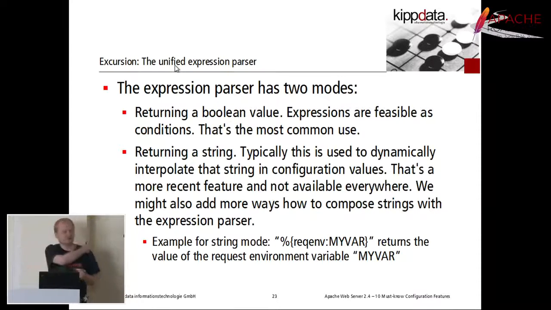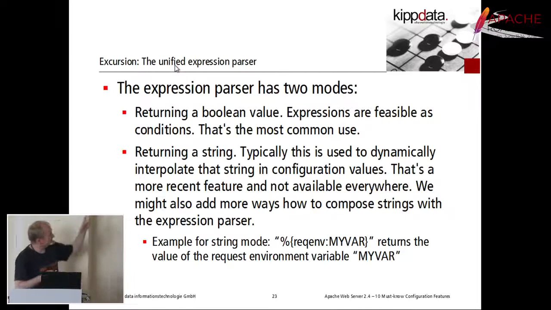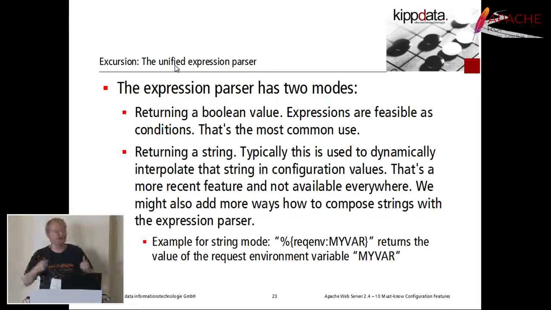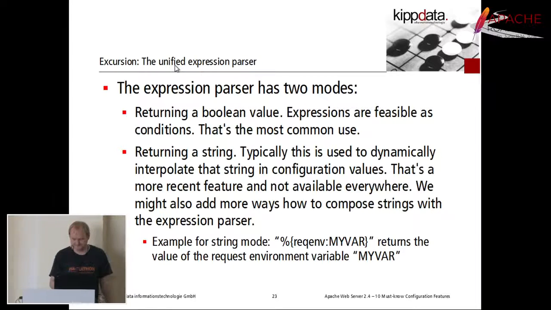Like we had in mod_log_debug, where I said, please log the value of this environment variable. It's a text that gets logged. So there are two modes, and the syntax varies a little bit on whether you want to get a Boolean or a string. And finally, the example we had is just saying, take the request environment variable named myvar and return the value of it as a string.